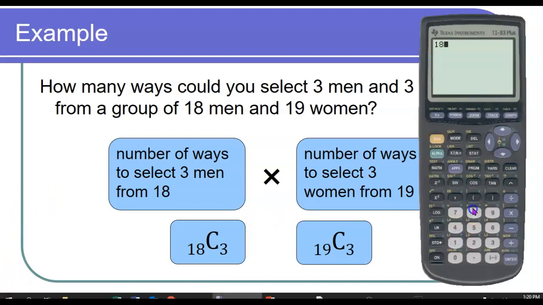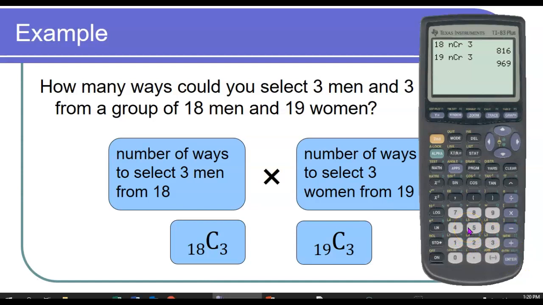So 18C3 is 816. That's how many possible groups of 3 men there are. And 19C3 is 969. That's how many possible groups of 3 women there are.